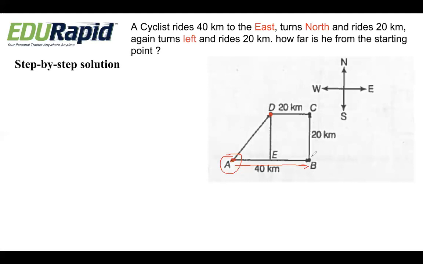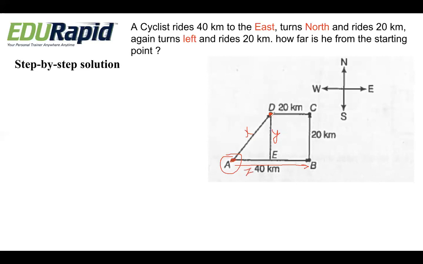So now this is a situation where you need to use something called Pythagoras theorem. If you have forgotten Pythagoras theorem, don't worry. It is not complicated at all. Pythagoras theorem says, let's say this side is x, this side is y, and this side is z.